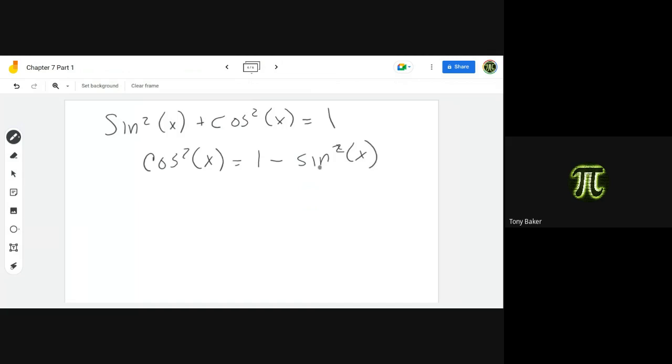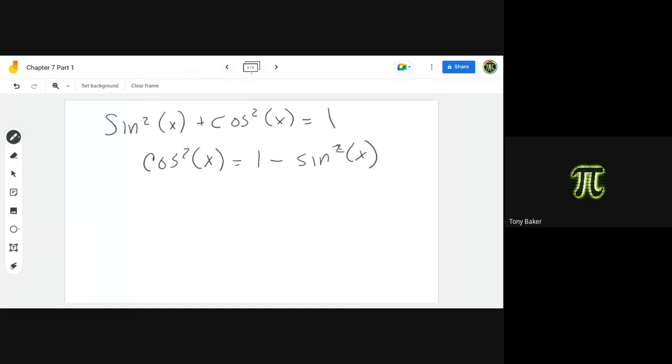So the Pythagorean identity can be shifted around to give you other things. So it's not always going to be a plus. You could have minuses in there. Or something you could pull out. So if it was 2's, you would have to be able to pull out a 2, and you'd still have the 1 minus the sine squared of x in that situation. So, yeah.